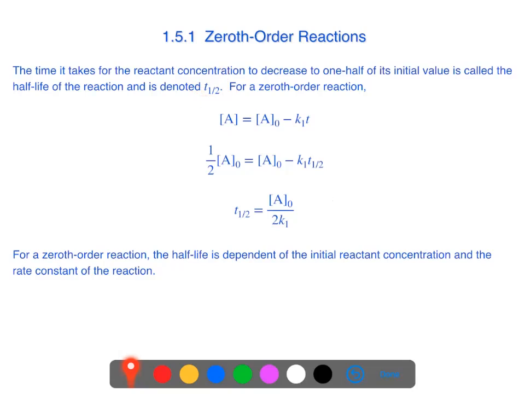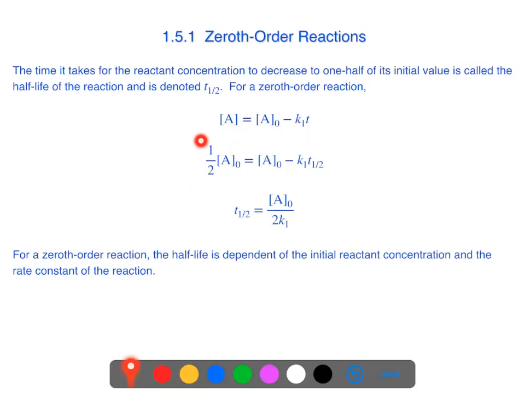Now for a zeroth order reaction, we can determine what that half-life is equal to. If we start with our integrated rate law for a zero order expression, and into this expression we substitute for the concentration of the reactant A with 1/2 A naught, which is the definition of a half-life.